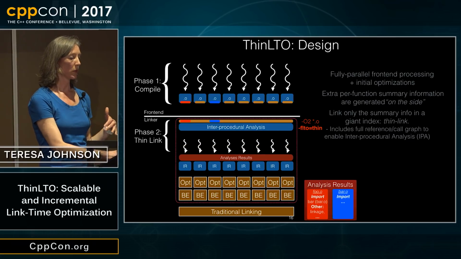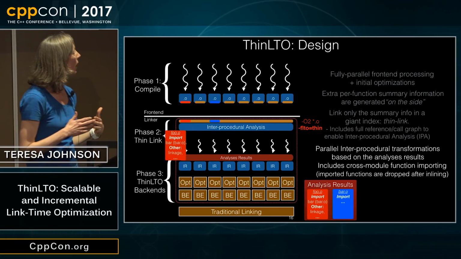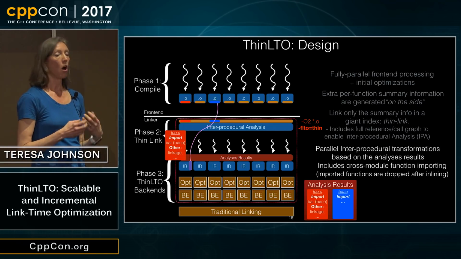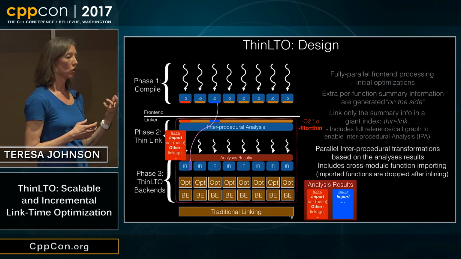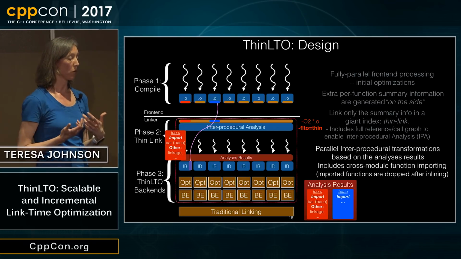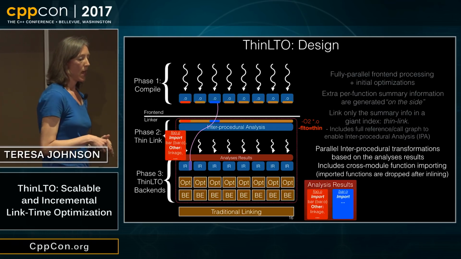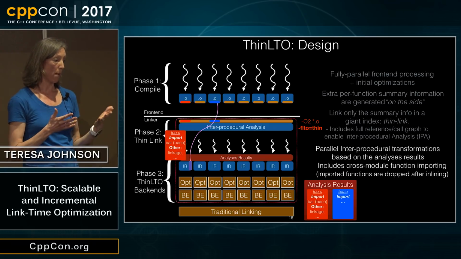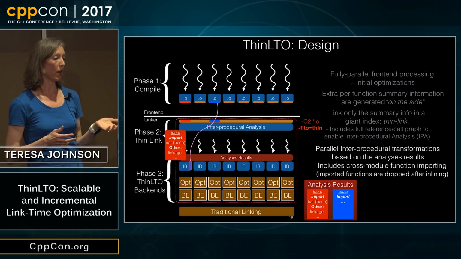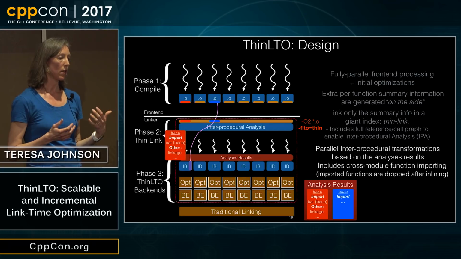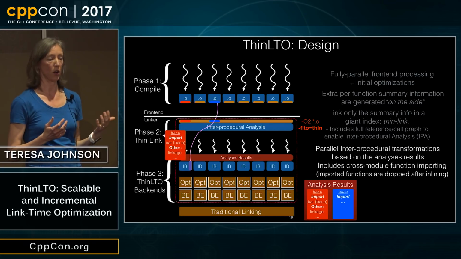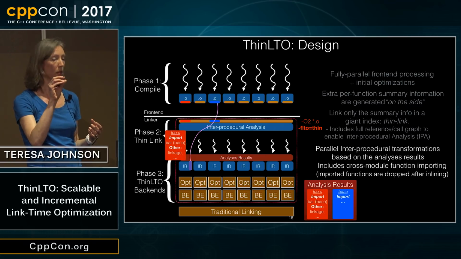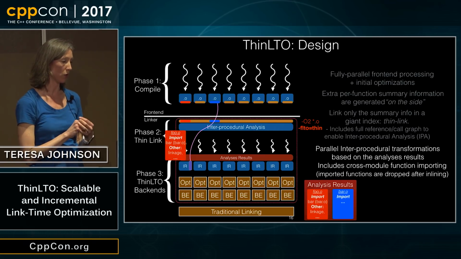So now these analysis results are passed to the ThinLTO backends. And what we do is launch a separate thread for each module to be compiled through the ThinLTO backend. And each thread is passed its analysis results for that module. So for example, for foo.o, we would see that we want to import bar from bar.o. So we go ahead and load bar.o and just parse out the functions that we want to import and only import those particular functions.